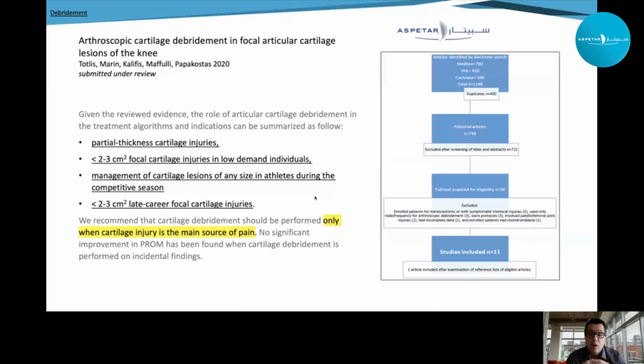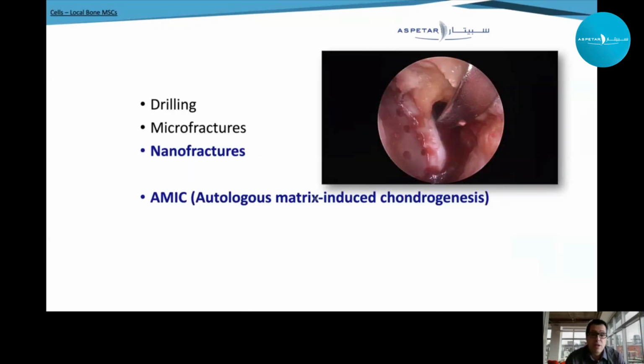We found that the literature is not very big, so there is a gap, but the existing data says that whenever you perform a partial thickness debridement in symptomatic patients with partial thickness injuries, or small and medium size lesions in low demand individuals, and coming to athletes, whenever you do this during the season, or even in the late part of their career, athletes with medium and small lesions, I think it proves to be a good solution for these cases.